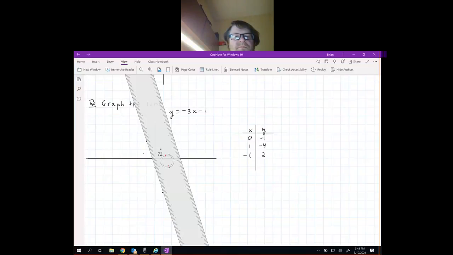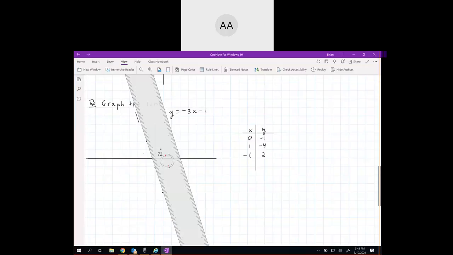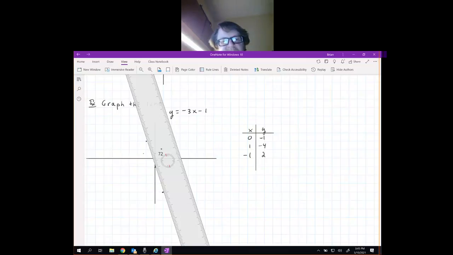Yeah, let me draw. Oops, I don't know what I did. Wonder why it's doing that. That's way off. This side doesn't work as well.